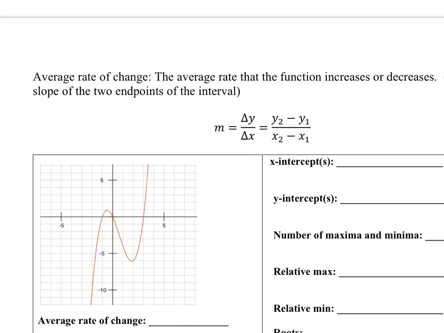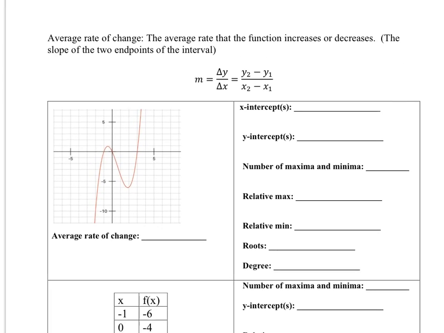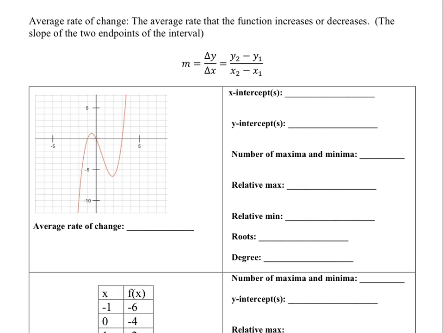Now you have done the average rate of change for lines quite extensively last year. This formula right here should look very familiar to you. That formula is the slope formula. Remember, M stands for slope. And the average rate of change you can do for any graph. Okay, for little curves and stuff like this, the curves may not go on a straight line, but you could figure out the average rate of change.